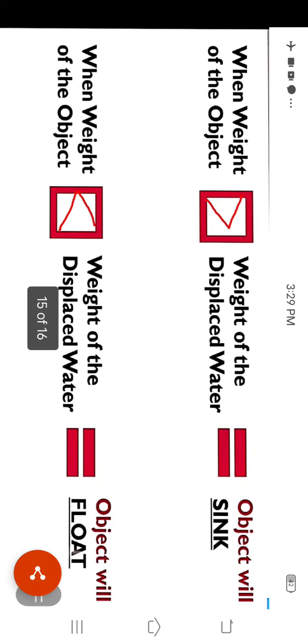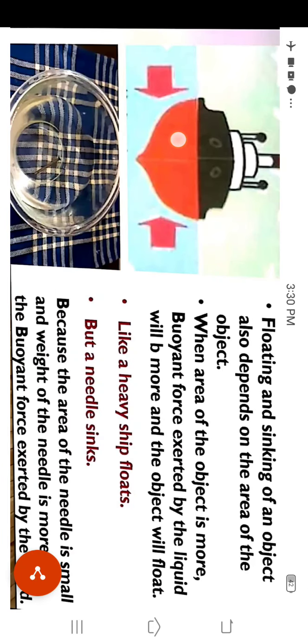And when the weight of the object is less than the weight of the displaced water, then the object will float. I hope you understand. Let's understand by watching this picture.